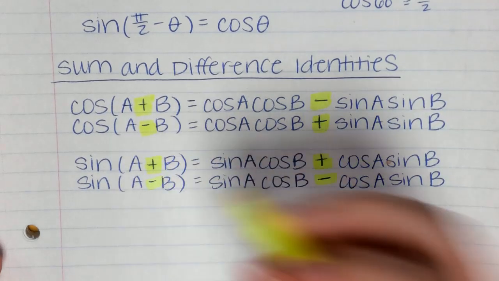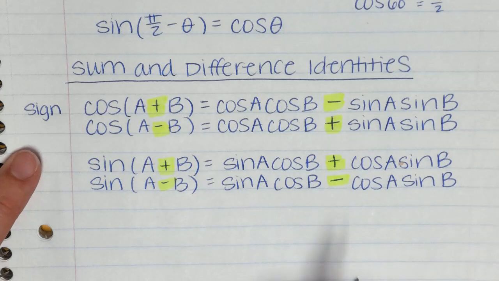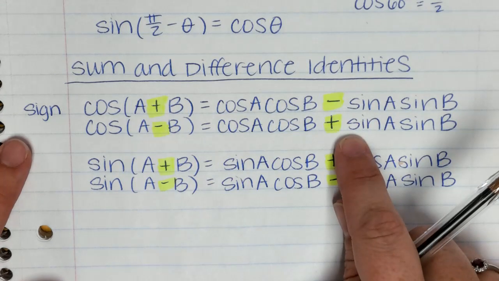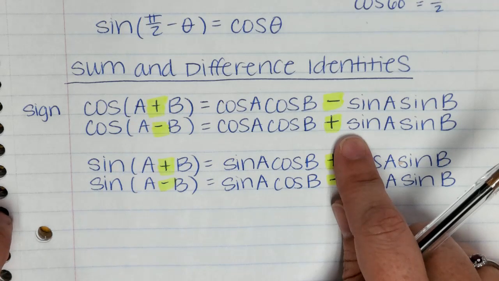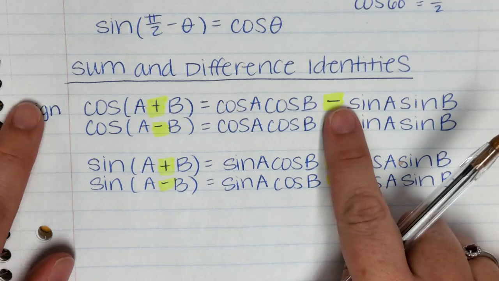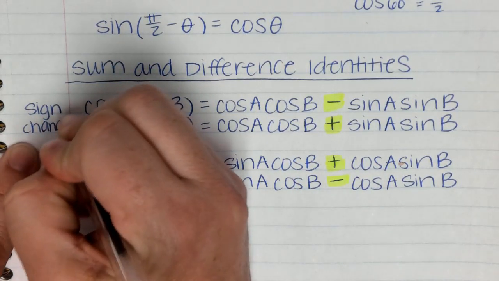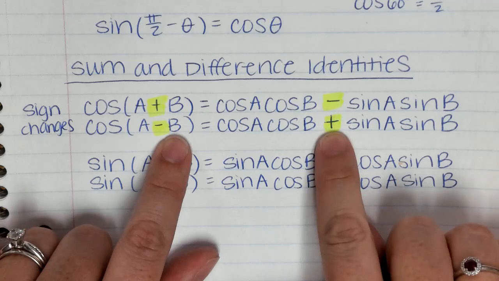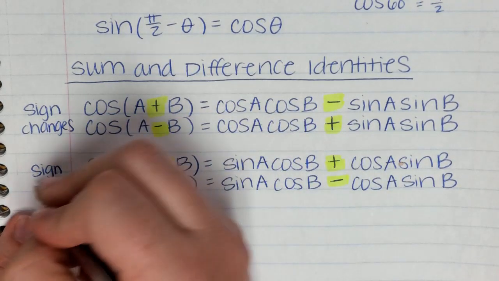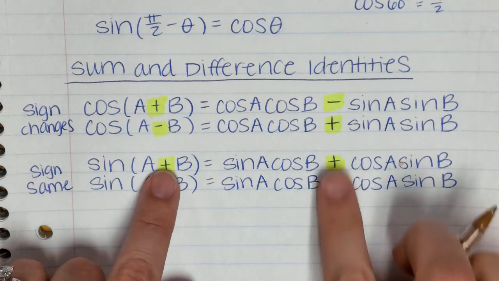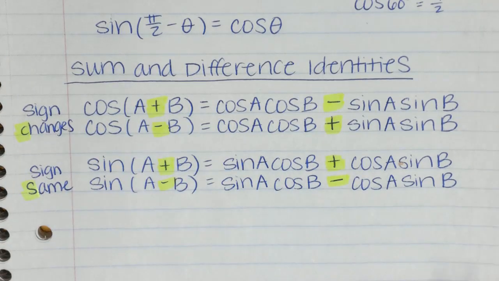So let's write that down to help us remember. On our cosine identities, the sign, because it's very unfortunate that sine and sign are homophones, but they're very different words. So for the cosine formulas, the sign changes from a plus to a minus or a minus to a plus. And for sine, the sign is the same. Plus and plus, minus and minus. So those start with a C and an S to help you remember cosine and sine.